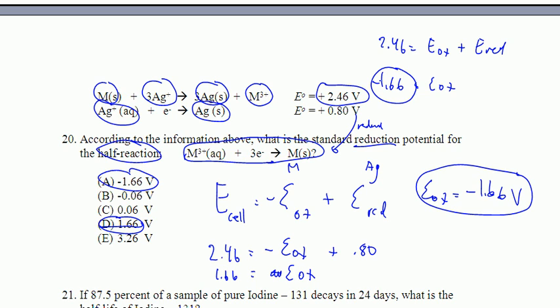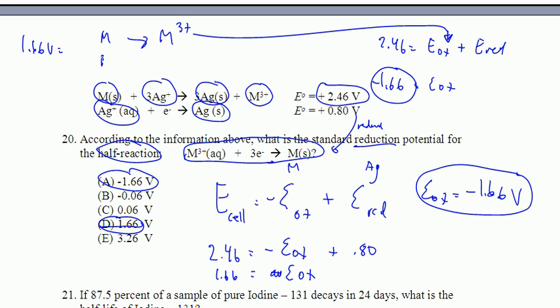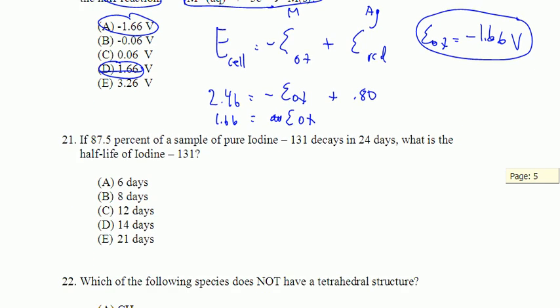So be aware, when you guys solve for it, 1.66 volts is equal to M going to M3 plus, because it is the oxidized portion of this. They're asking you for M3 plus goes to M, which is going to be the opposite, negative 1.66.